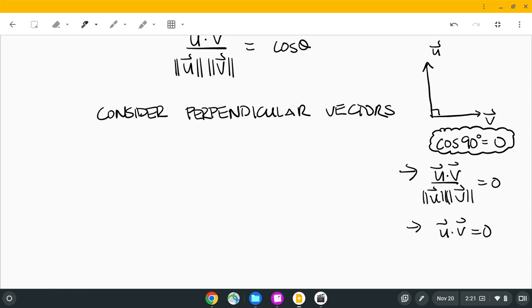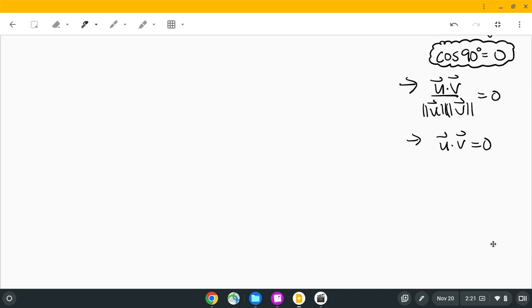So perpendicular vectors, this is kind of a big deal. We like to know whether or not they are, especially in physics and engineering. Perpendicular vectors actually have a special, fancy name.